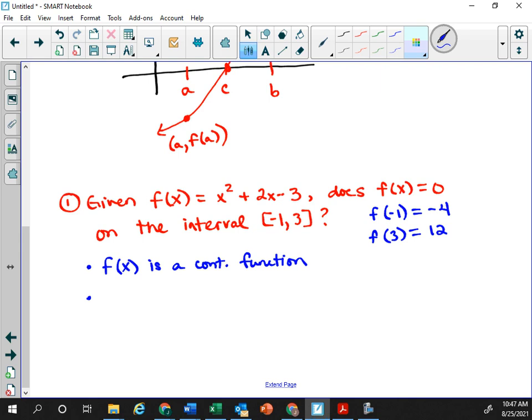So I'm going to say f of -1 is less than 0 is less than f of 3. Don't tell me -4 is less than 0 is less than 12. That's not what I want. I want the function notation of it, okay? And do you guys understand what I mean, how sometimes it might be switched? Okay, so just double check, make sure you put that in order.